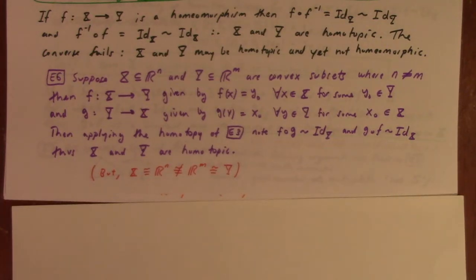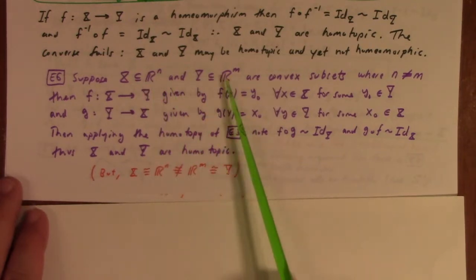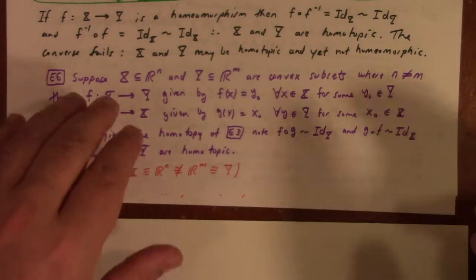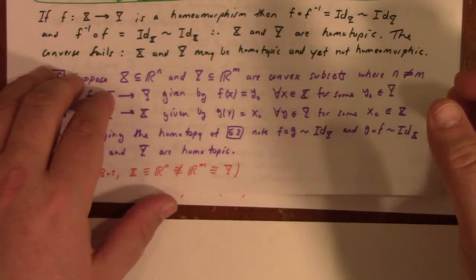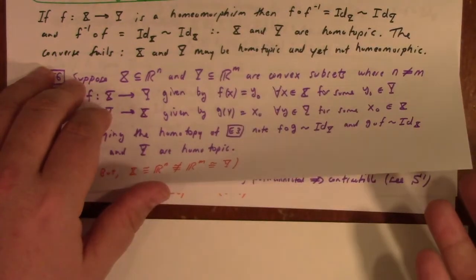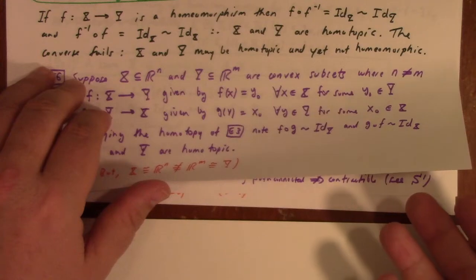Therefore, X and Y are homotopy equivalent. But they're not homeomorphic because we know spaces of different dimension are not homeomorphic from previous work. So homeomorphic implies homotopy equivalent, but homotopy equivalent does not imply homeomorphic.